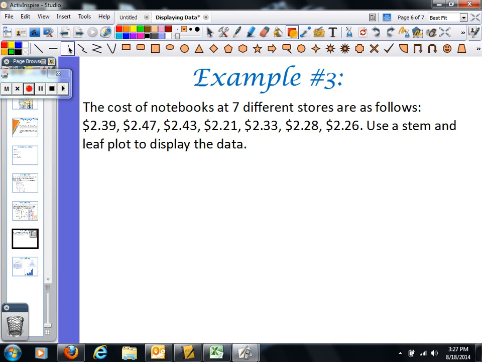So what you're going to do for a stem and leaf plot is we see that 2 is common in all of them. All of them are $2 and something cents, right?